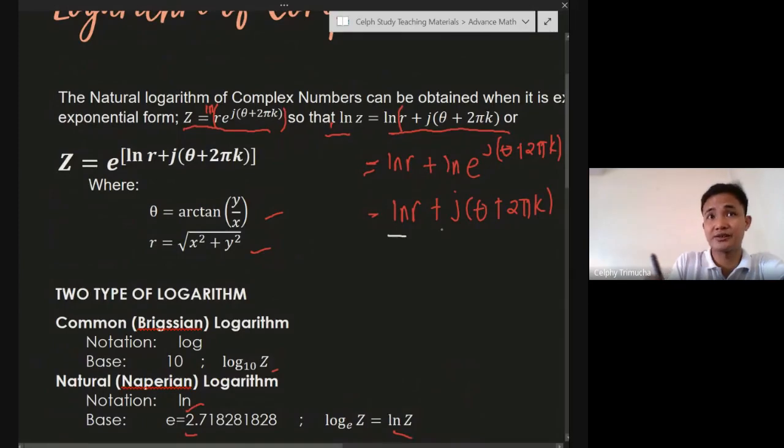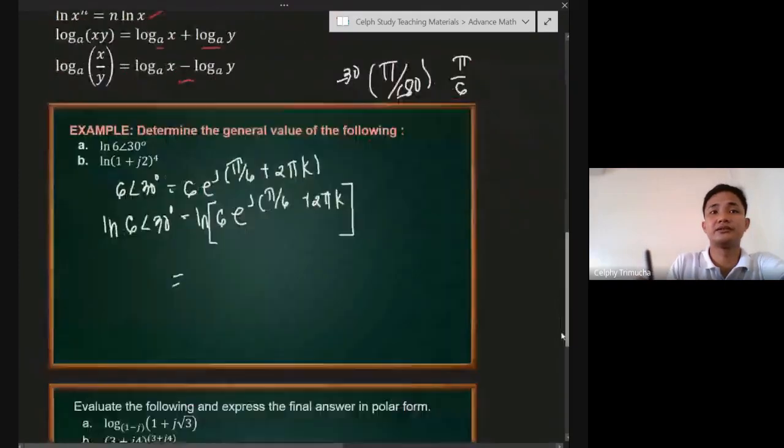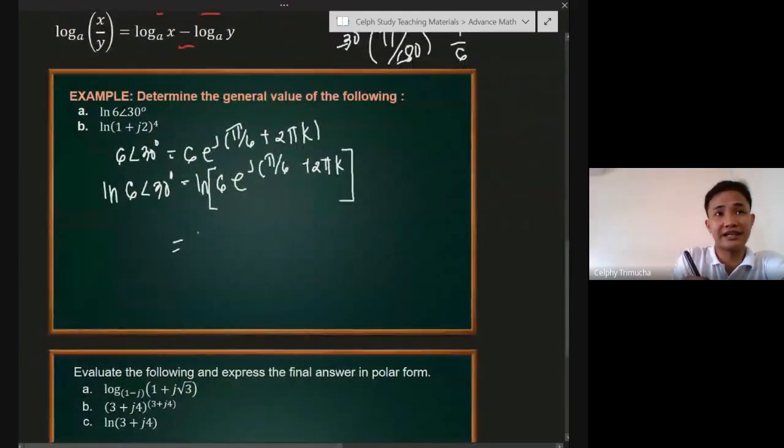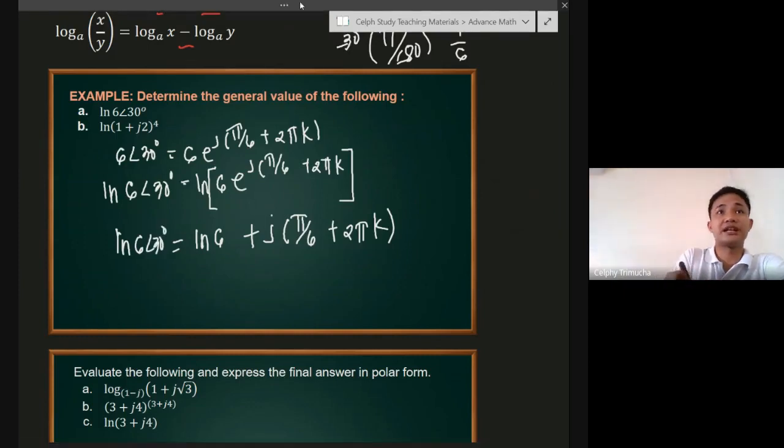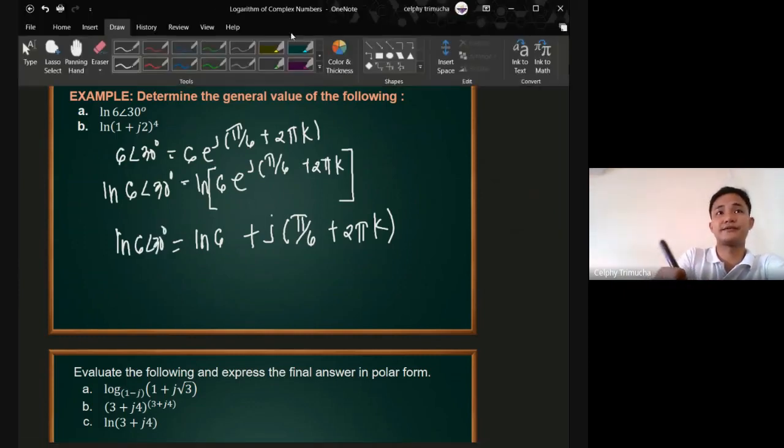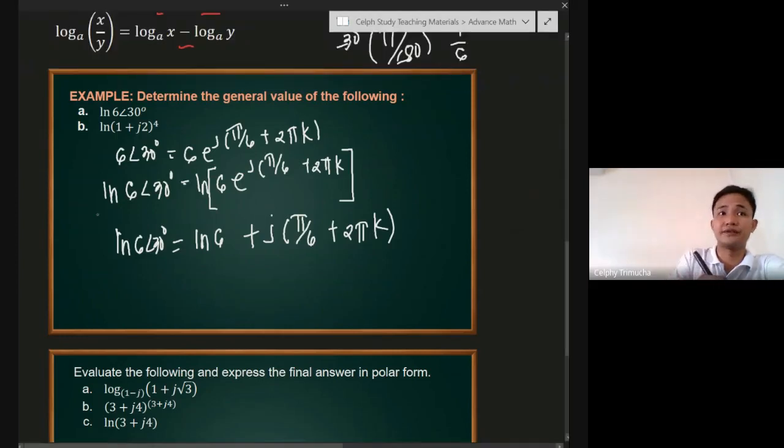So ln r plus, papanaog mo yung exponent. Okay, aton nga r is 6, so we have ln of 6 plus aton nga angle which is j times pi all over 6 plus 2 pi k. So since ang ginapangita lang man is general form, wala man siya nagkabutang specific gid nga value, so this now will be ato nga final answer.